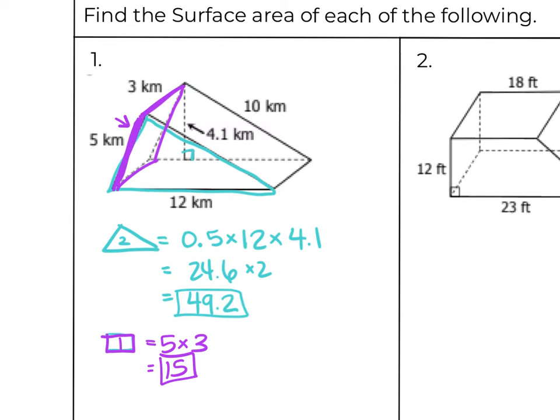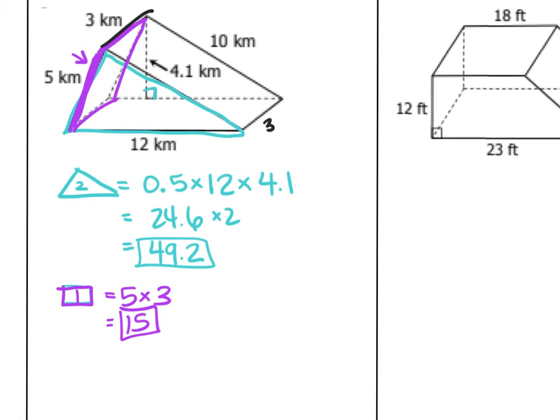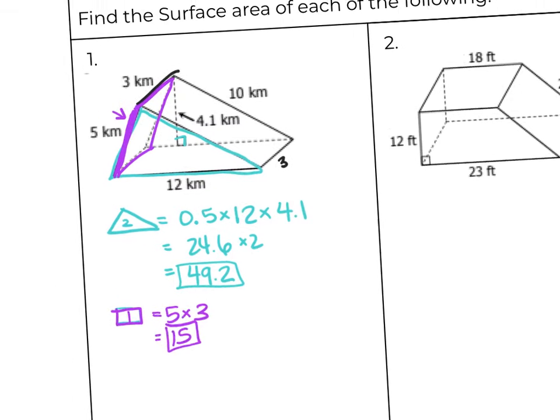Now, quick thing to know, if this was 3, do I know this? What is it? Also 3. And all of those depths would be 3, okay? All right, so let's look at the big one here.